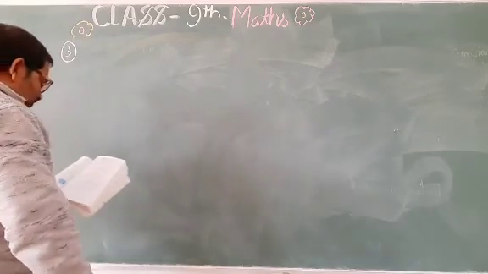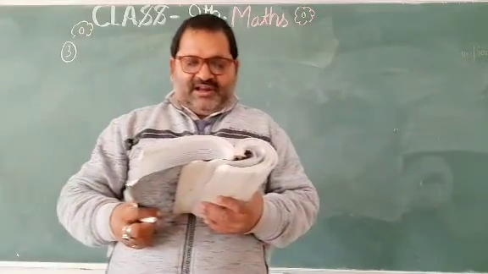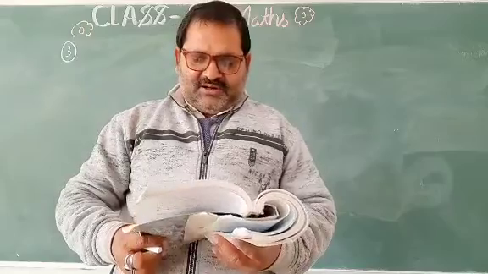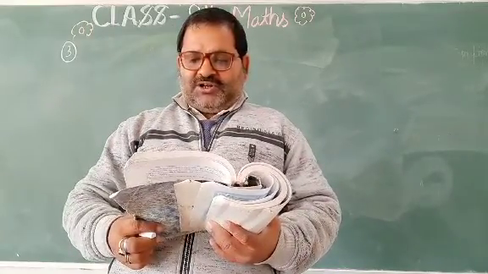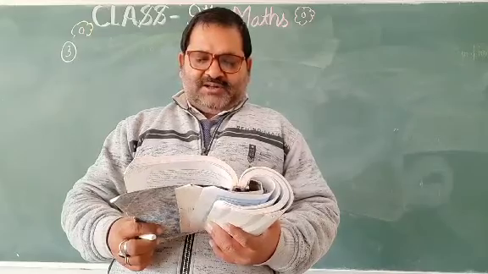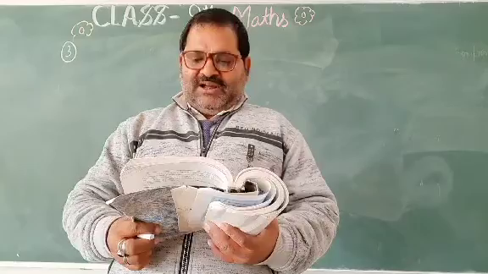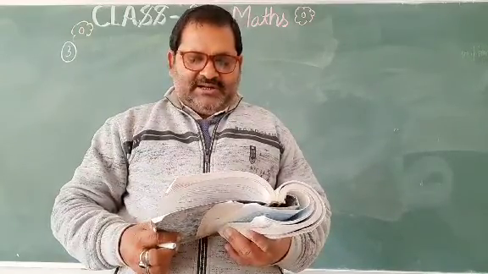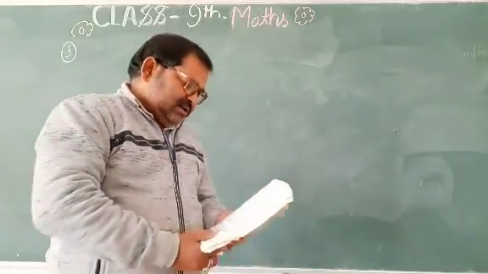The floor of a rectangular hall has a perimeter of 250 meter. The cost of painting the four walls at the rate of rupees 10 per meter square is rupees 15,000. Find the height of the hall.